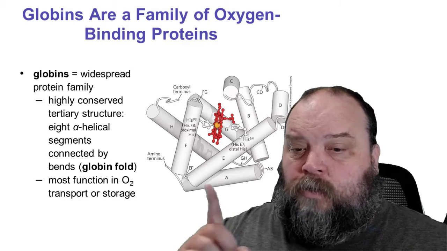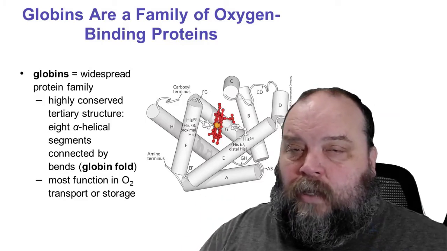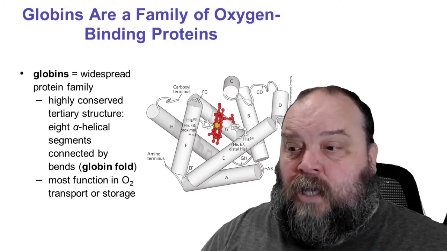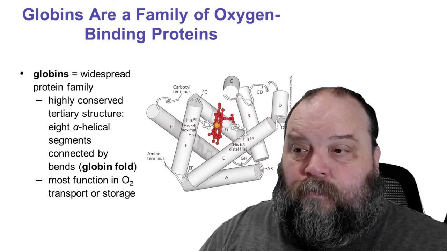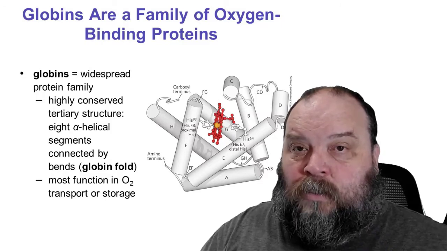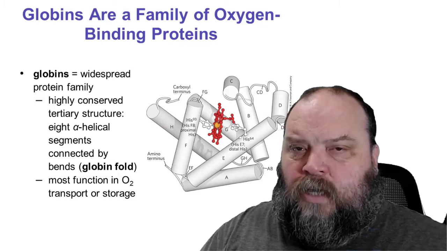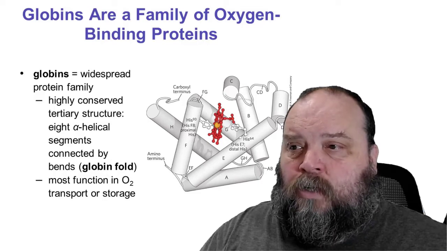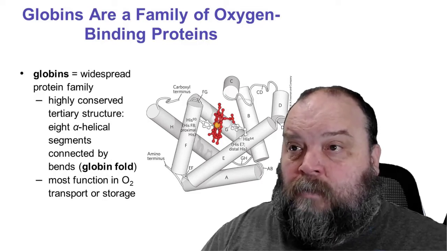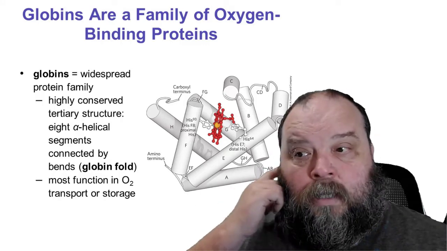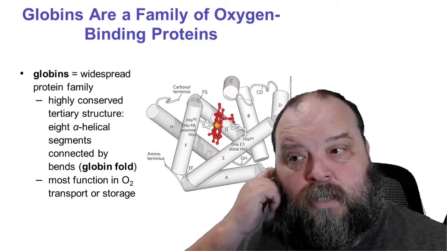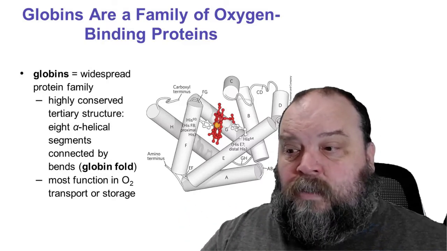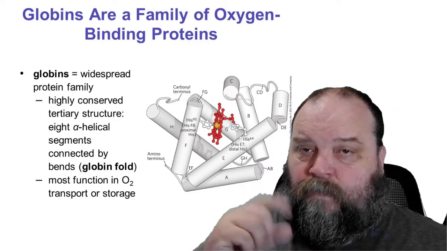You'll also notice in this figure from the textbook that each of the alpha helices has a different designation: A, B, C, D, E, F, G, H. That is an intentional designation, so that as we're discussing differences between the different globins, myoglobin, hemoglobin, and whatnot, instead of saying this alpha helix or that alpha helix, which is too vague, we can say differences seen in the F alpha helix.